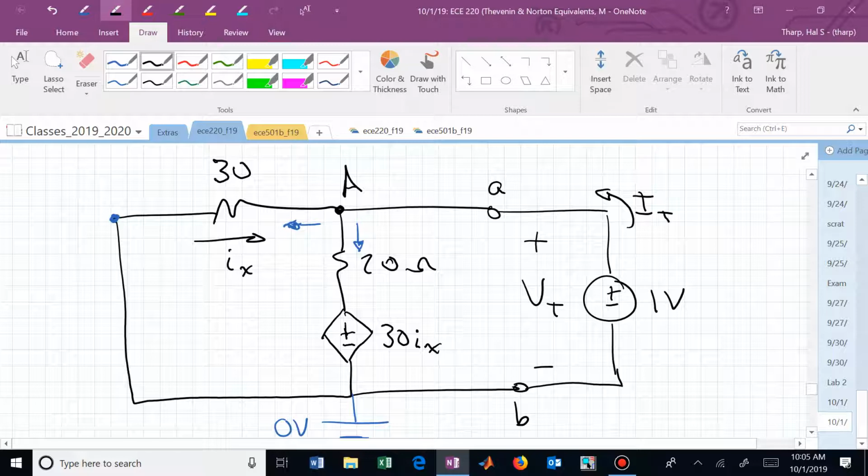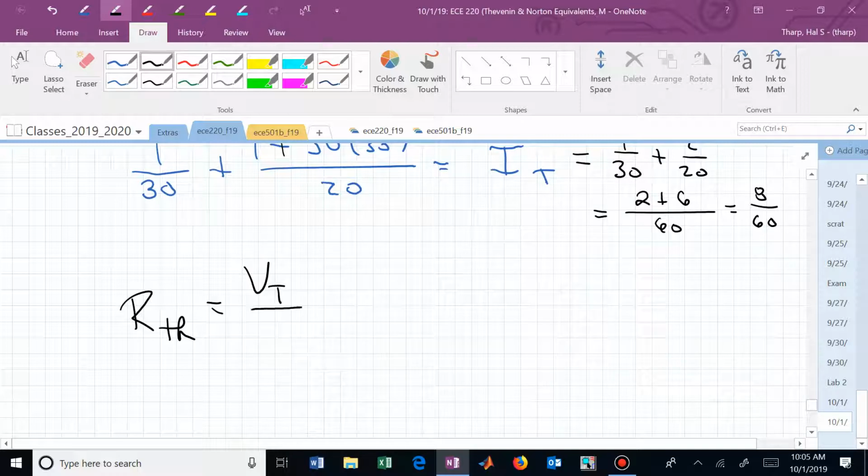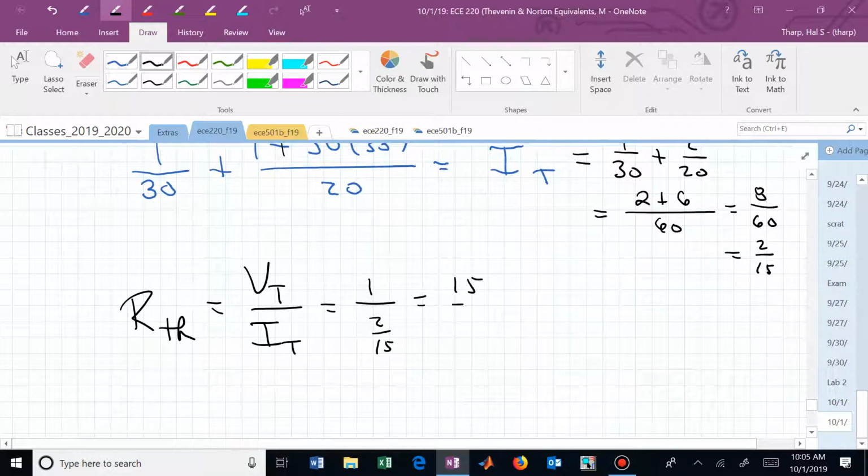And R T, the Thevenin resistance, is now V T over I T. Or this is 1 over, and what did I say this was? Is this 2 over 15? So this is now 2 over 15, or 7.5 ohms.